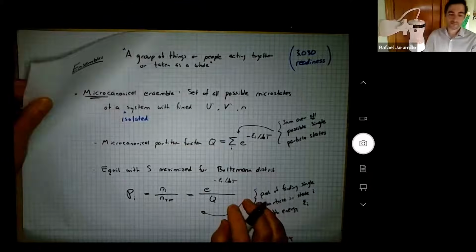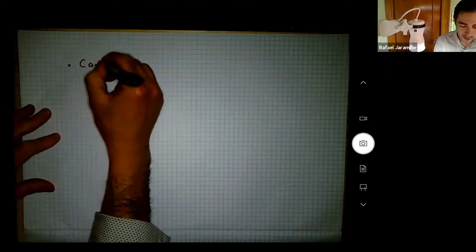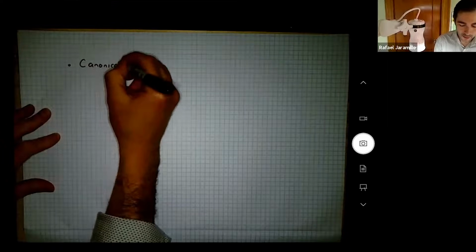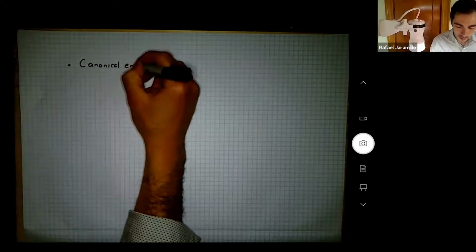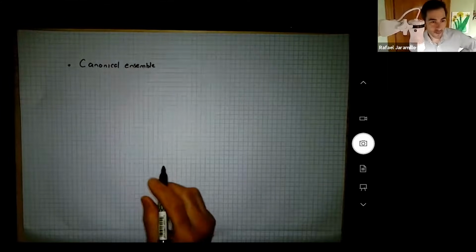But we can generalize. So now I'm going to tell you about a different type of ensemble. So we've been analyzing the microcanonical. Now I'm simply going to tell you about the existence of a canonical ensemble. And please don't ask me where these names come from.